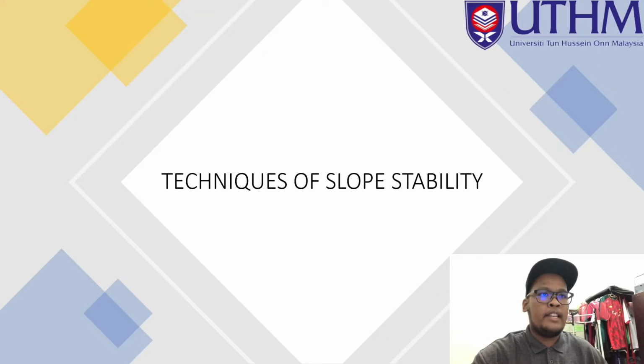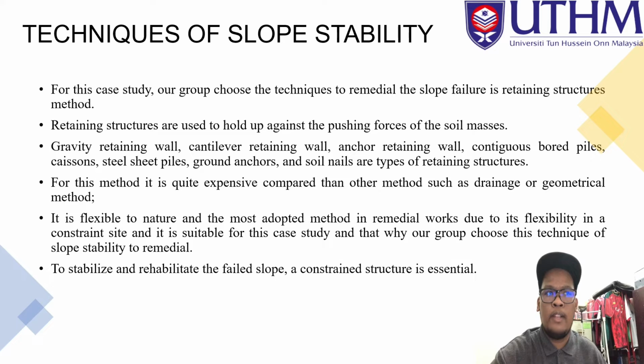I will present the technique of slope stability. The slope failure that occurred on 6 December 2008 at Bukit Antarabangsa, Ampang, Selangor was affected by soil saturation and plasticity due to excess rainfall, as mentioned in the project instruction. For this case study, our group chose the retaining structure method as the technique to remedy the slope failure.